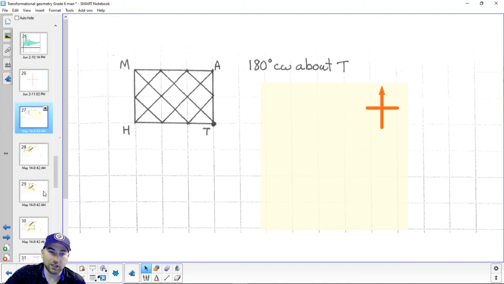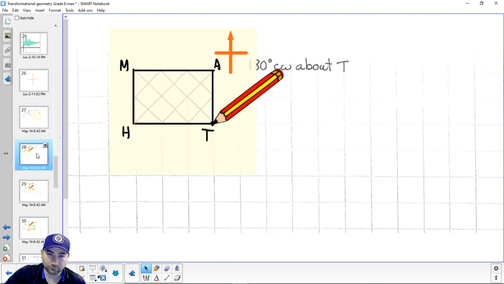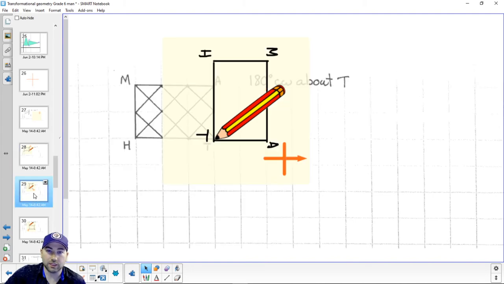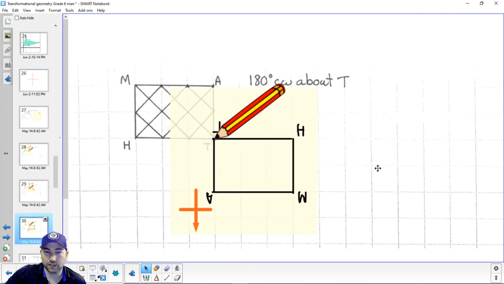Where is that going to end up? Well, let's find out. We're going to start with MATH, and then it is going to rotate. There's 90 degrees, so half of 180. So that's where it would end up there. And then there's your 180-degree rotation.